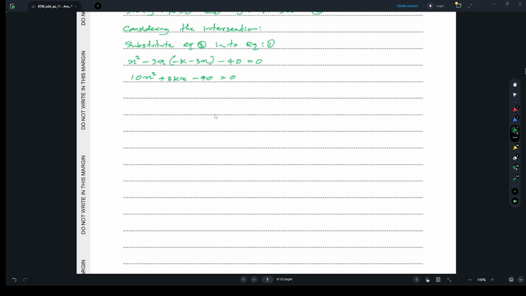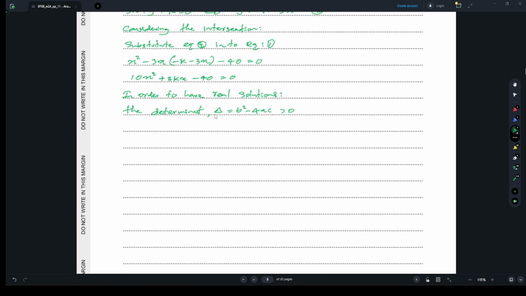So I can write: in order to have real solutions, the determinant, or delta, which is b squared minus 4ac, should be greater than 0.